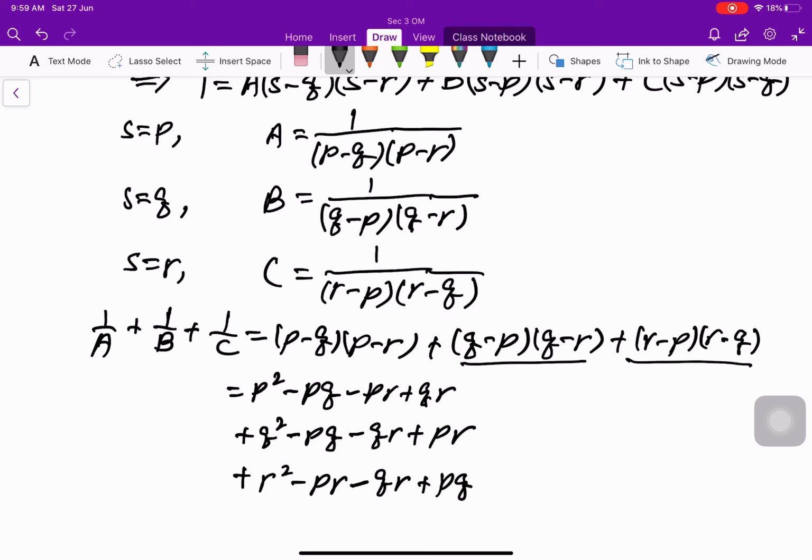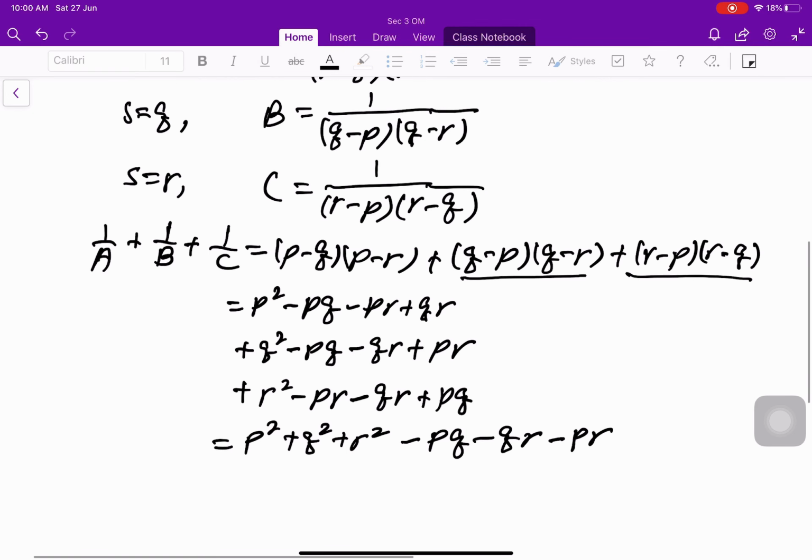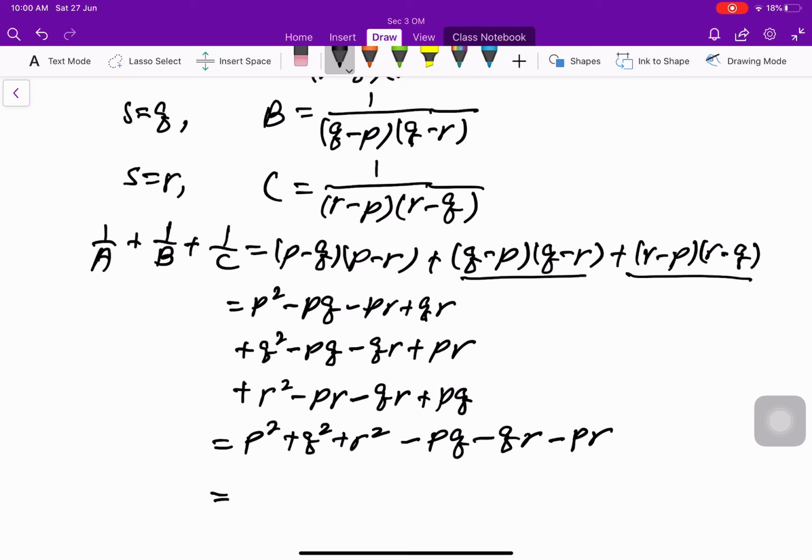Therefore, in this case, you can make them into a perfect square. This is just equal to P squared plus Q squared plus R squared, and then you will get minus PQ minus QR and minus PR. But can I make this a perfect square, in the form (P plus Q plus R) squared?